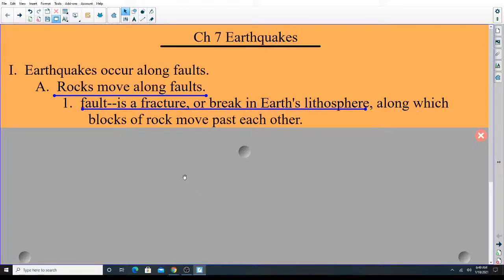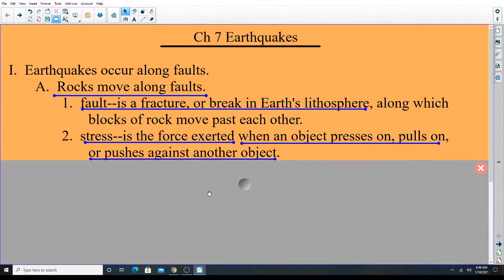Sounds very similar to what we talked about with transform and divergent and convergent boundaries. The only difference is that the crust is broken there, and it's where they are pulling apart, sliding past, or pushing together.